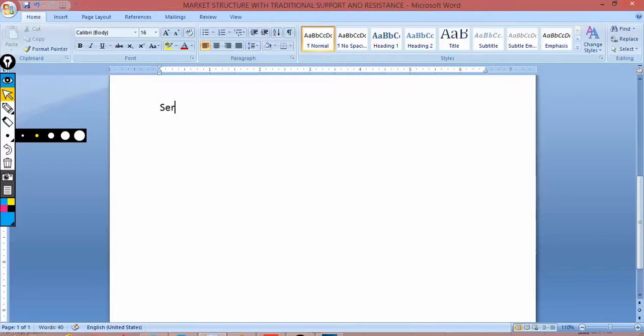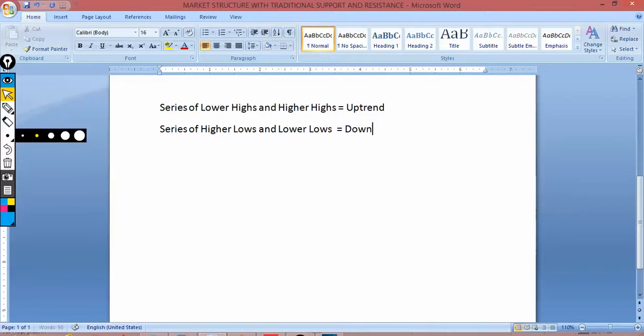So series of lower highs and higher highs is uptrend. Then series of higher lows and lower lows equal to downtrend. Okay, so that is that.